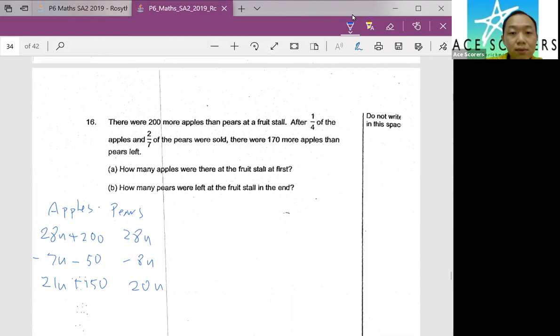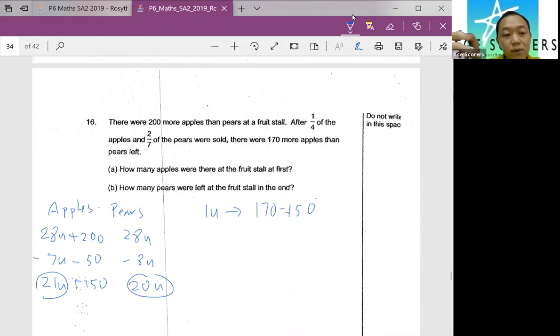So there were 170 more apples than pears left. Now 1 unit represents 170 take away 150. Why? Because over here there's 1 unit. This is 20 units, right?